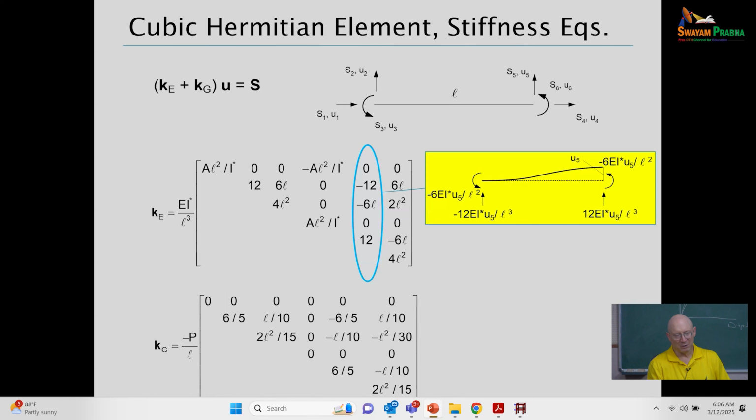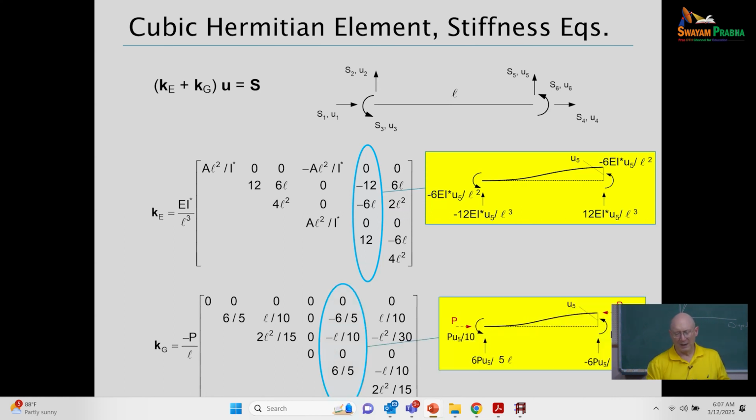But then there's a second matrix here that's called the geometric stiffness matrix, and it has other terms. Those terms involve the axial load P. The geometric stiffness matrix is capturing the geometric nonlinearity, or the second order effects, or the P large delta and P small delta effects, if you want to say it that way.